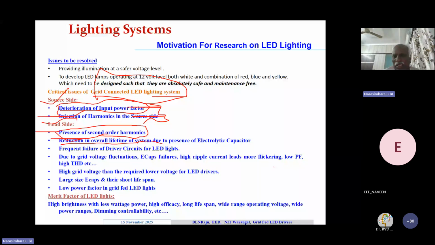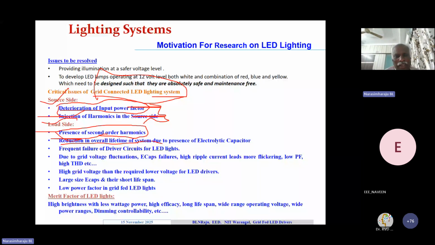And moreover, another thing, as I said, is the low power factor issue on the source side. And moreover, the grid voltage is high compared to the low voltage required for the LED driver. The grid voltage is something like 230 volts, single phase AC, but the required DC operating voltage is 12 volts or 24 volts. Even after rectification, how to provide that?